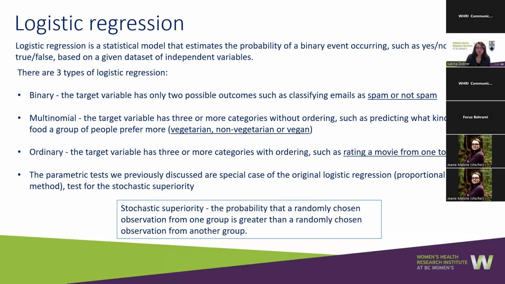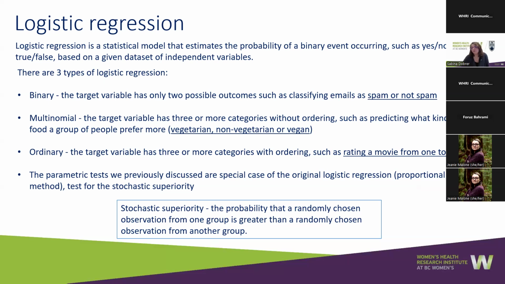We can have multinomial regression when there are more than 2 categories. Here you can label them 1, 2, 3, 4, 5 arbitrarily. It doesn't matter, but you can also run ordinal regression.